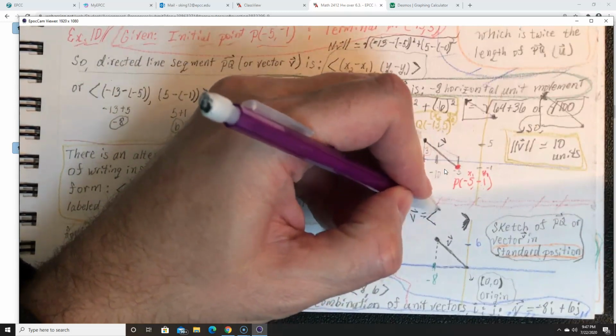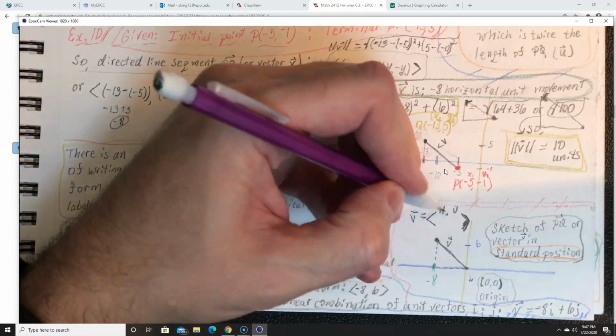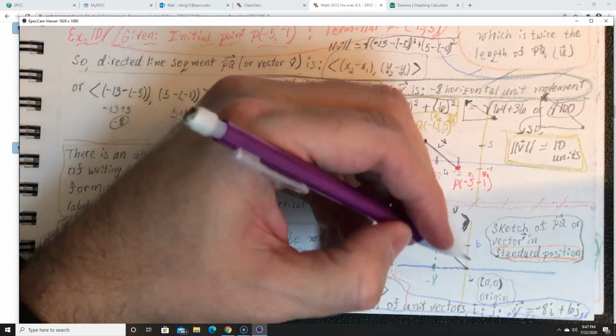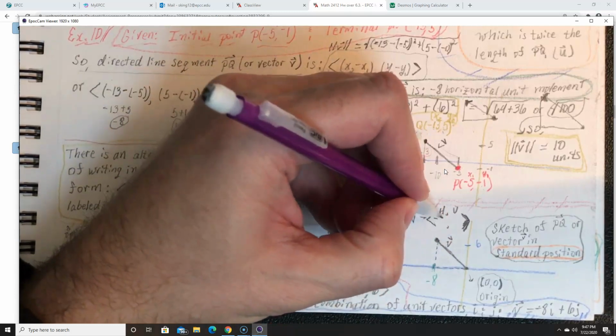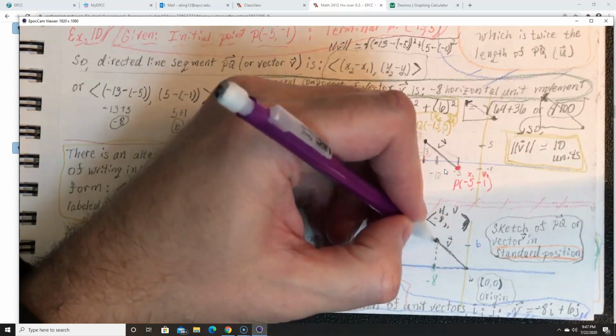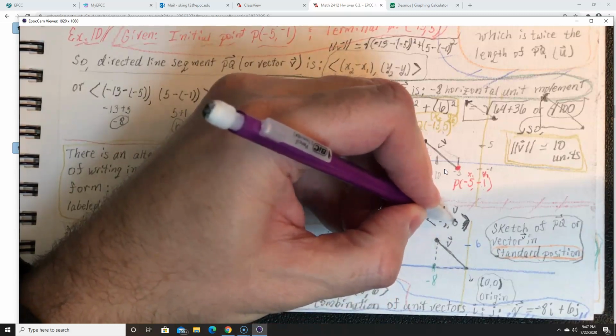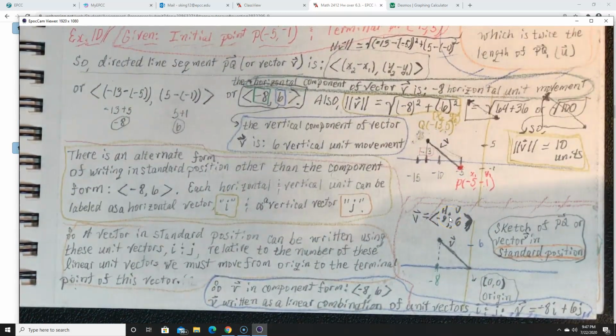And you put the horizontal movement first and the vertical movement second with a comma. And so what was that? You move 8 units horizontally to the left, so -8. And then 6 units upward, which is +6. So here is what's called the component form of a vector or a directed line segment.